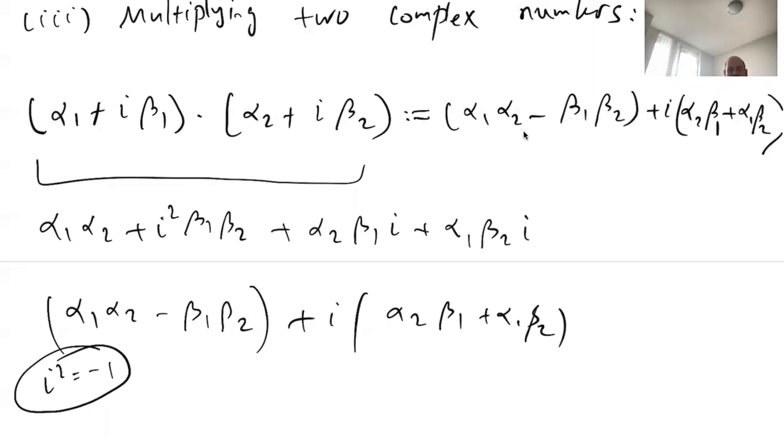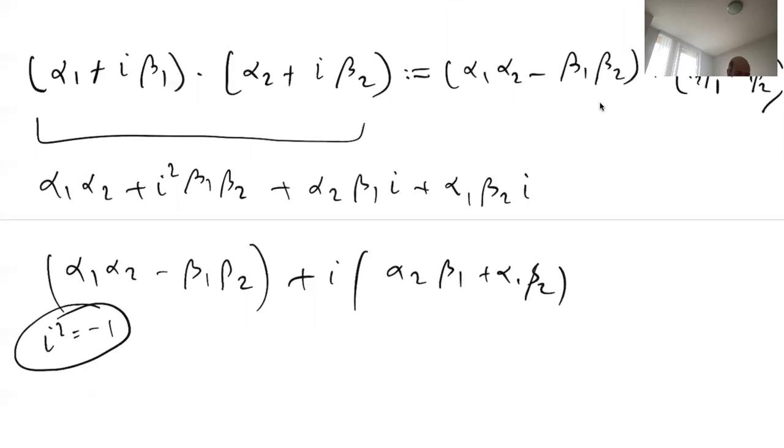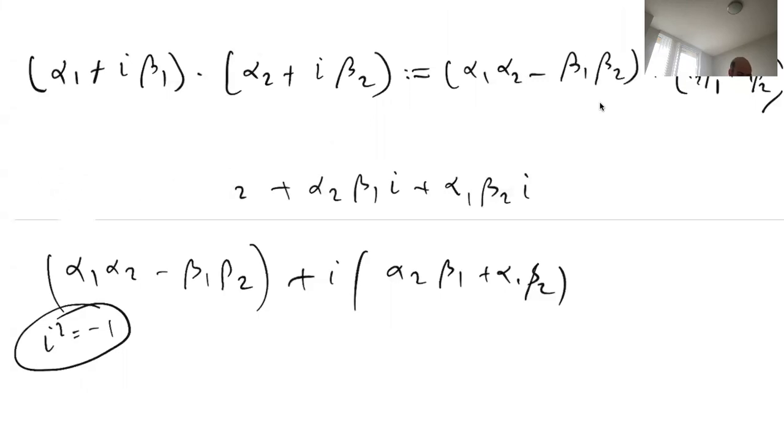So if you're wondering where this definition is coming from, it comes from the fact that I want to define this generalization in a way that I squared is minus 1. So this is where this definition is coming from. But let me leave this as a definition here.